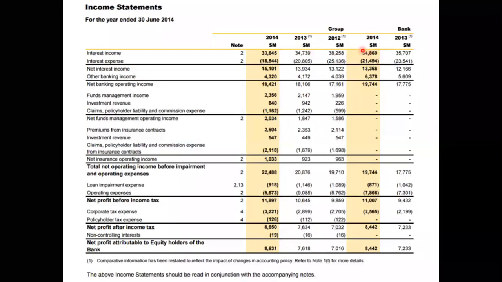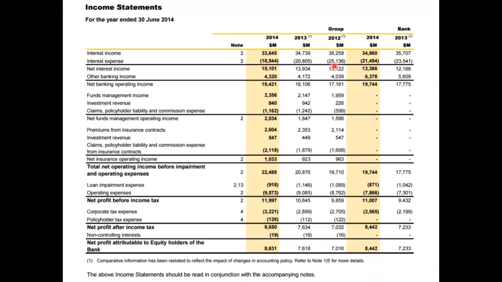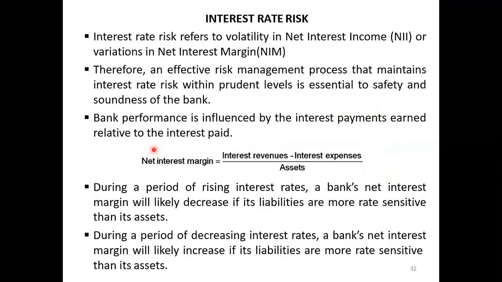So the changes in interest rate may impact directly on net interest income. Ultimately, changes in interest rate impact the net interest income of any financial institution. In addition to the net interest income, the bank may have other sources of income, right? Now we move to the session.